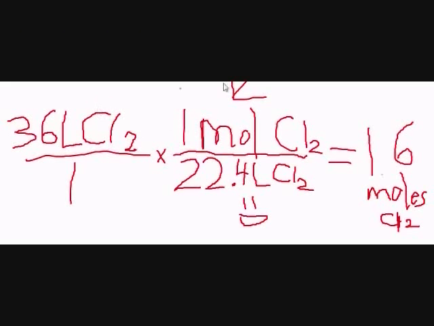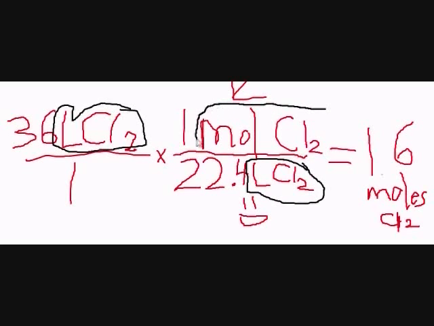Anyway, you see the solution. The key is to cancel out each unit until you get what you're looking for. Liters of chlorine 2 cancel out because I used the conversion factor from volume to moles, which basically is dividing chlorine 2 by chlorine 2 to get moles of chlorine 2. Hopefully that makes sense, because it didn't really make sense coming out of my mouth.